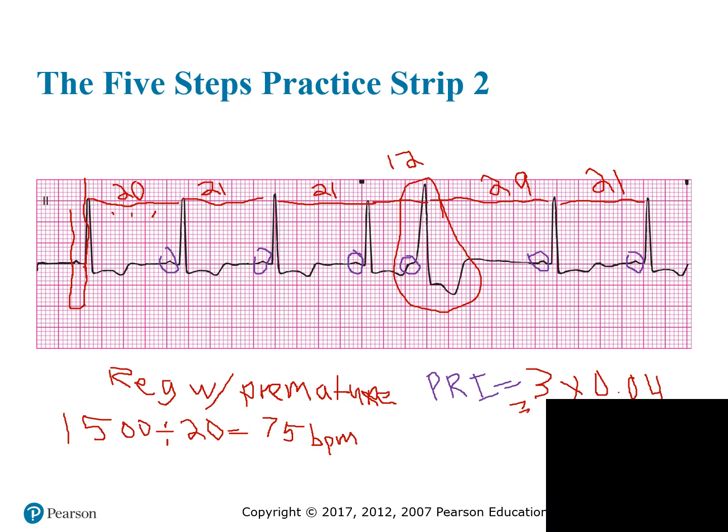So our PR interval is within normal range because it still falls into that 0.12 to 0.20 seconds. Next, we're going to figure out our QRS interval, which we're going to go from here. Let's chart this a little better.